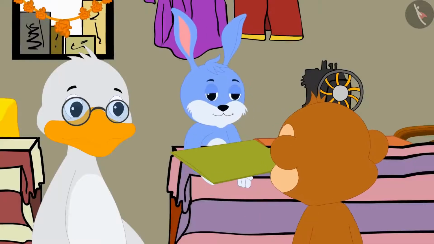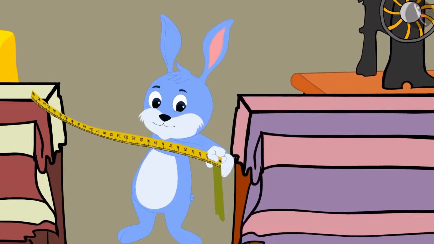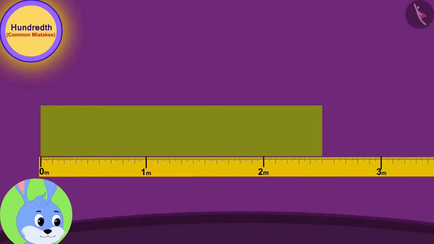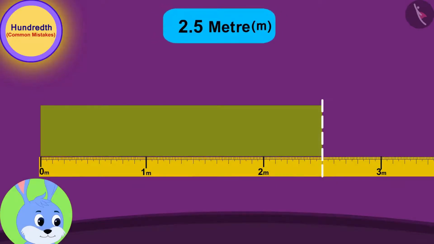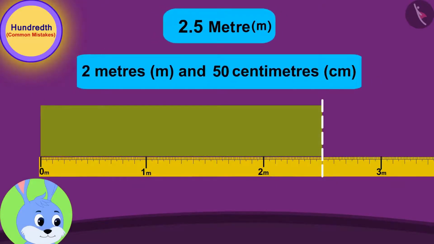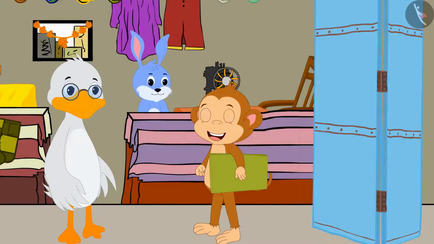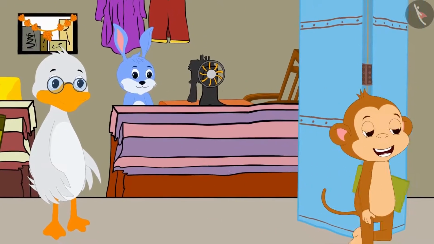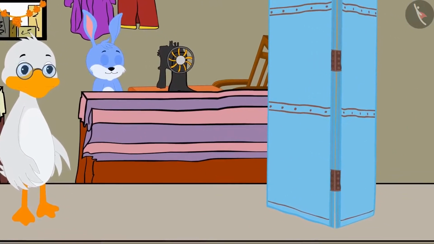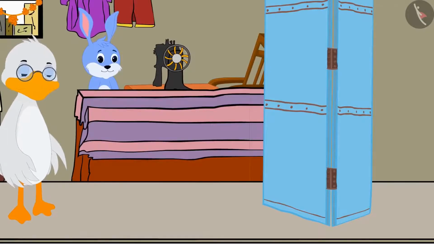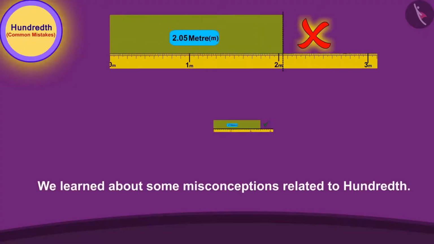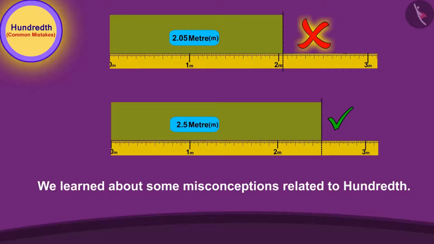Bunny immediately took back the cloth from Babban and this time measured 2.5 meters or 2 meters and 50 centimeters of cloth using his tape, cut it and gave it to Babban. Babban happily returned home with the cloth of the right length this time. Children, in this video we learned about some misconceptions related to hundredth.